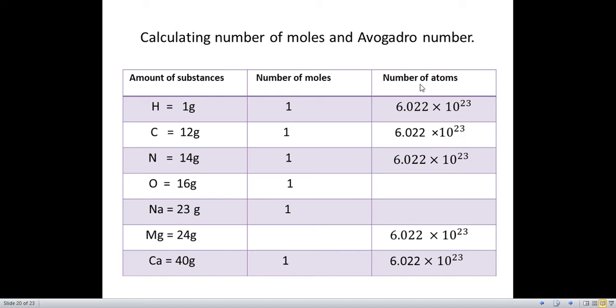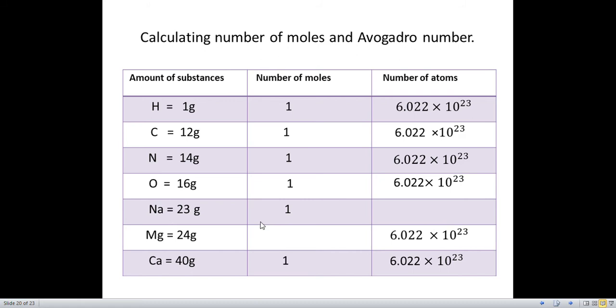Now we will take the number of atoms. Hydrogen 1 gram, 1 mole, has 6.022 × 10^23 atoms, the Avogadro constant. Carbon 12 grams also Avogadro constant. Nitrogen 14 grams, the same number of atoms. Oxygen 16 grams, 1 mole, same number of atoms.